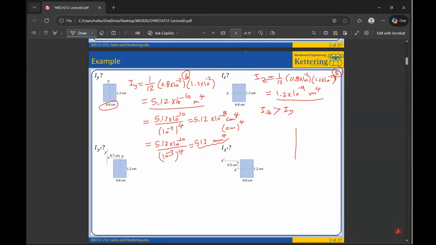My drawing is not the best, but if this is our building, then they put the beams like this, so that the longer side is perpendicular to the Z, so that Iz gives maximum resistance to bending. So that's why you would see the beams oriented this way rather than on the flat side.